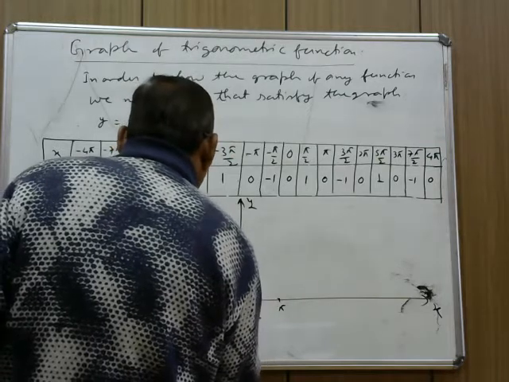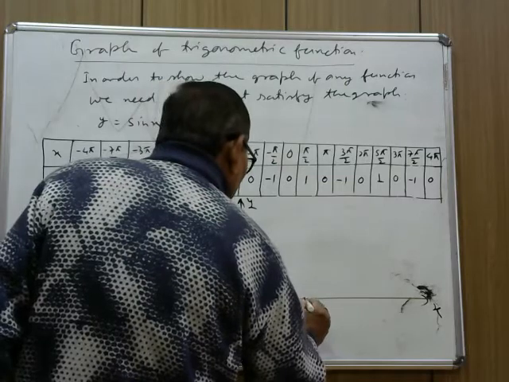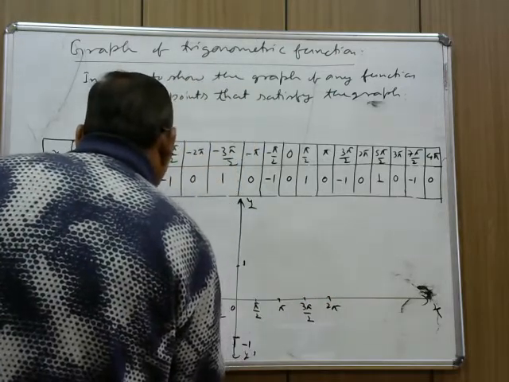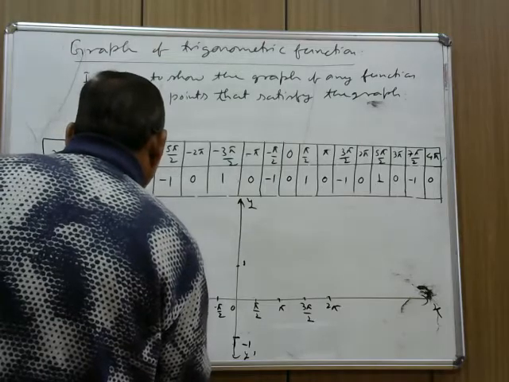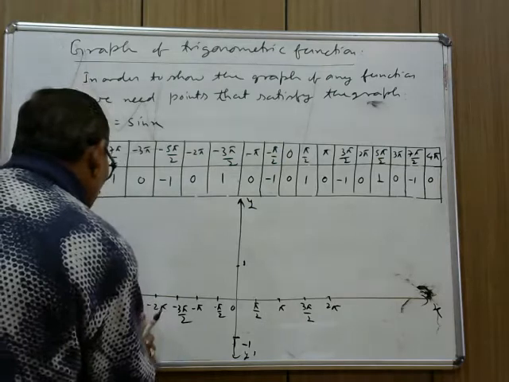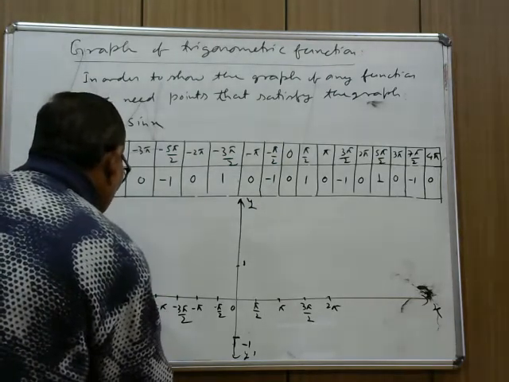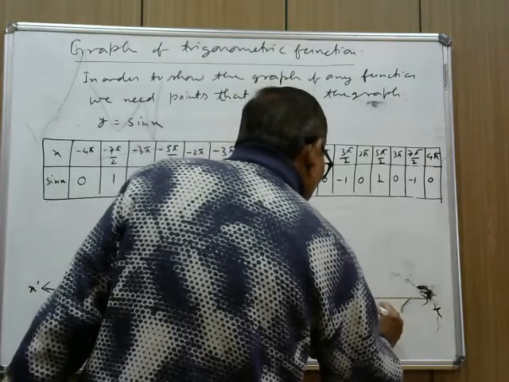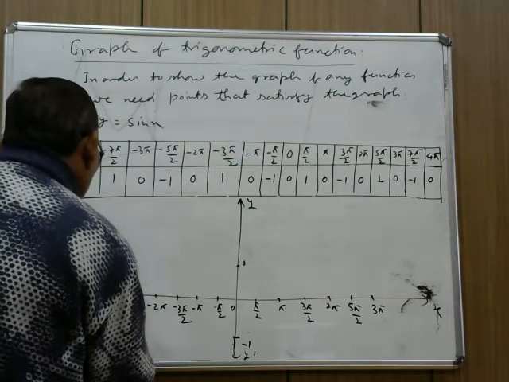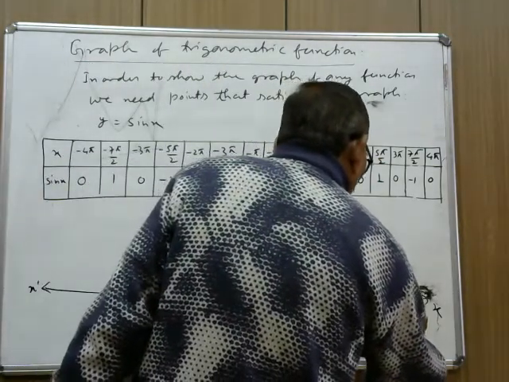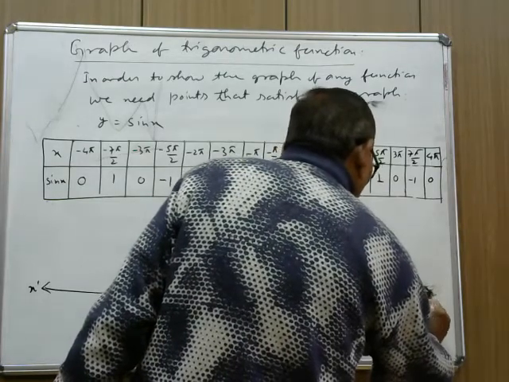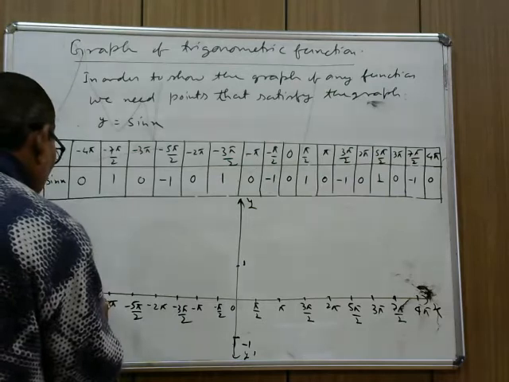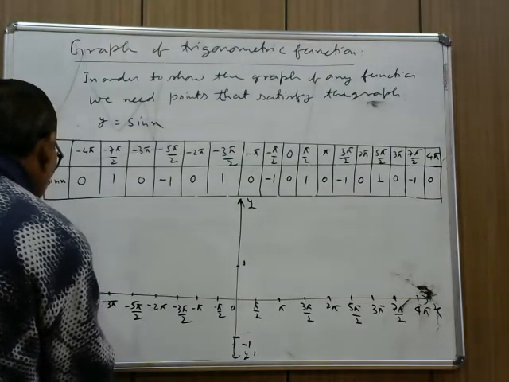This is minus 3 pi by 2 and this is 3 pi by 2, this is 2 pi and this is minus 2 pi, and minus 5 pi by 2, and 5 pi by 2, and again this is 3 pi and this is minus 3 pi, and this is 7 pi by 2, and this is 4 pi, and here minus 7 pi by 2 and minus 4 pi.